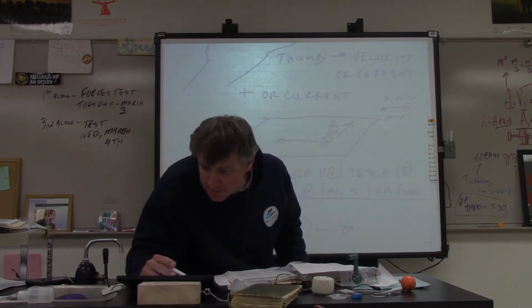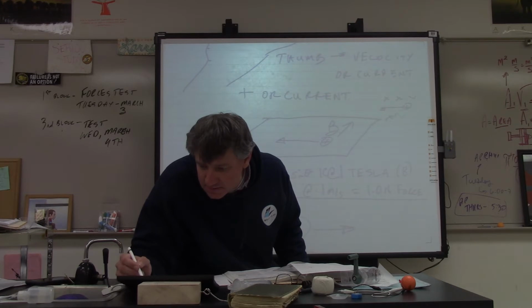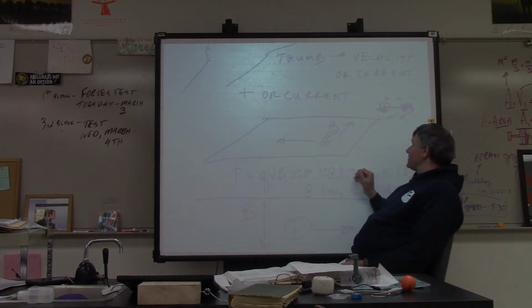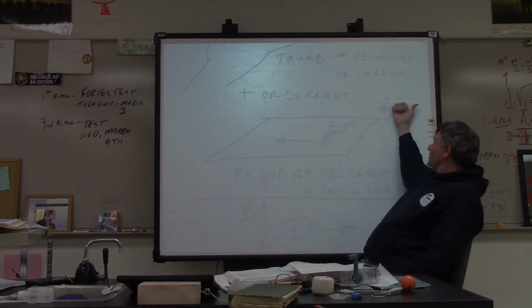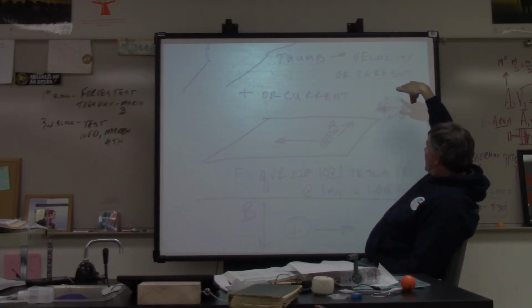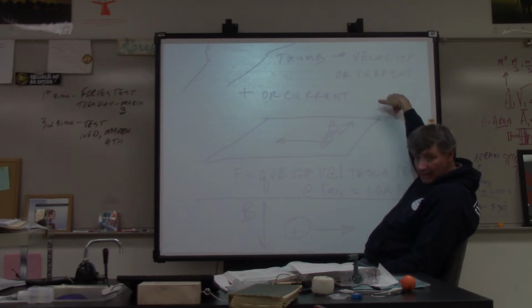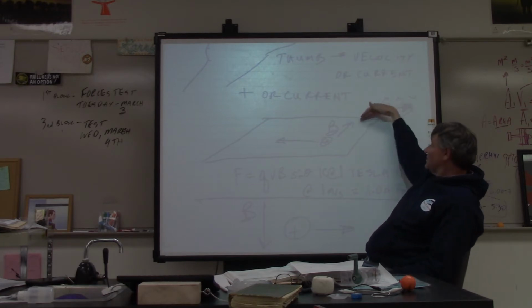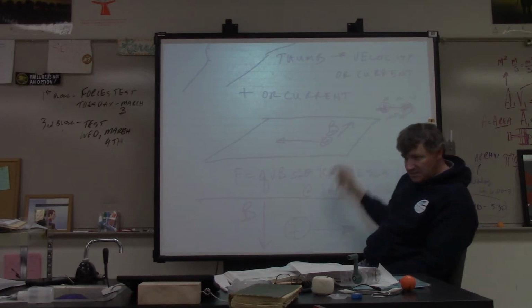So let me back up here. Here's your particle, and it's going like this. That way it matches with what we just drew. So you've got a proton going like this, okay? You've got a magnetic field like this, so the force would be going down. So this is the other way that you could show it. The proton is going this direction, so like this, boom, points down.